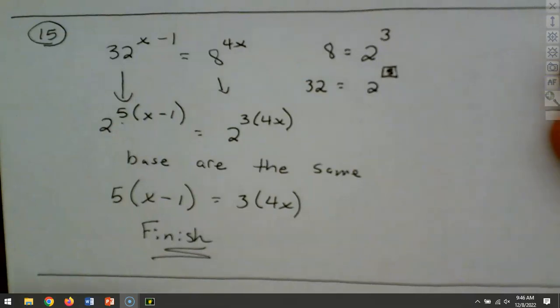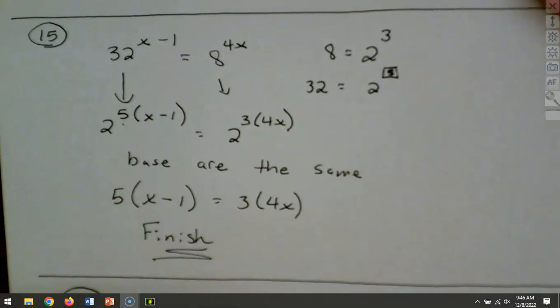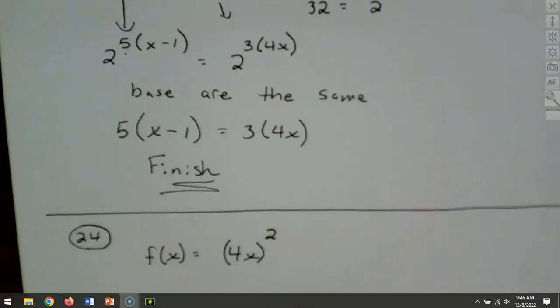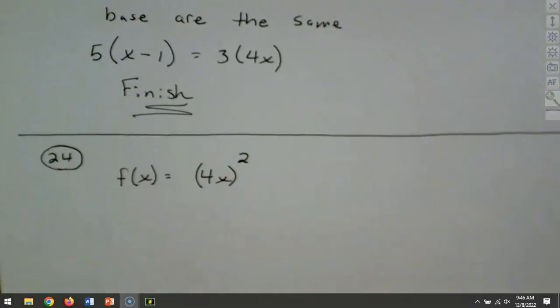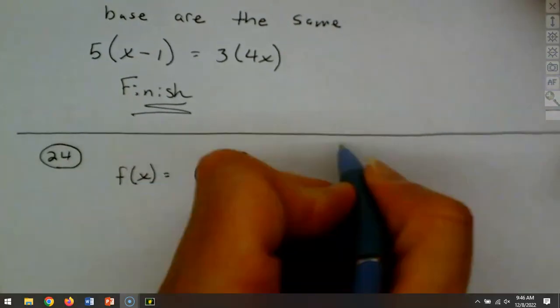I picked question 24 because a lot of times students miss this one. Okay, so we want to graph this one. This is our directions here. We want to graph it.